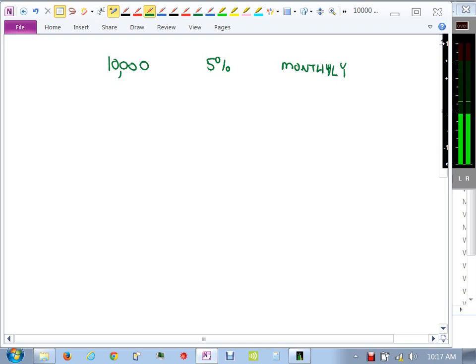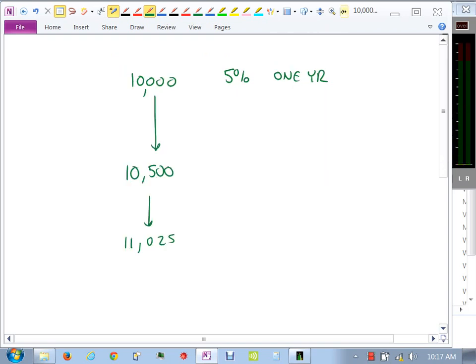Usually monthly is better for you, but not like big time. Or they'll say they compound it daily, which means they do it 365 times a year or something like that. That's a little better than monthly, but still not enough for you to base your decision on that. Okay? That's just to give you an idea of what that number means.